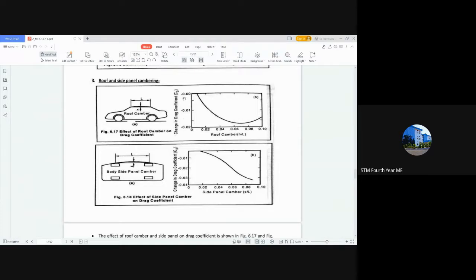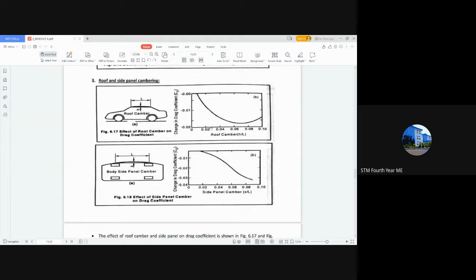So this is 0, this is minus 0.01, minus 0.02. It is a difference, which is why the minus value occurs, and due to that the coefficient of drag reduces as the roof camber increases. It is changed by about 0.02 units.